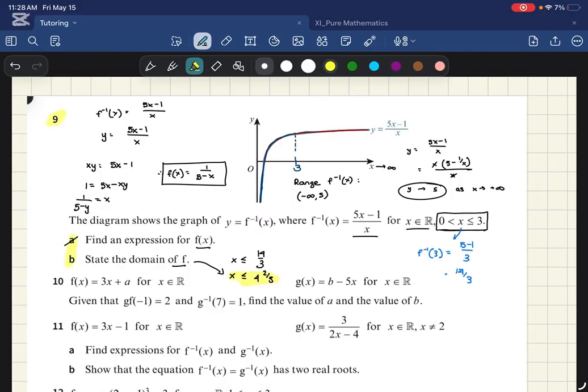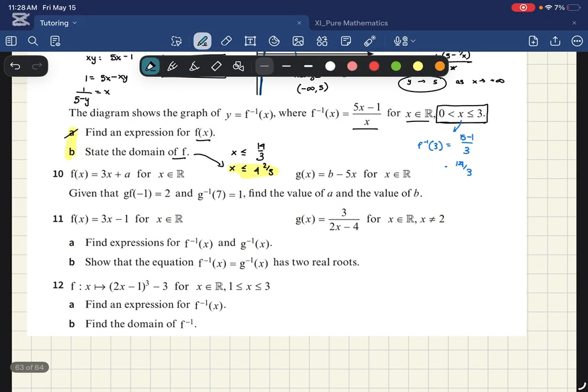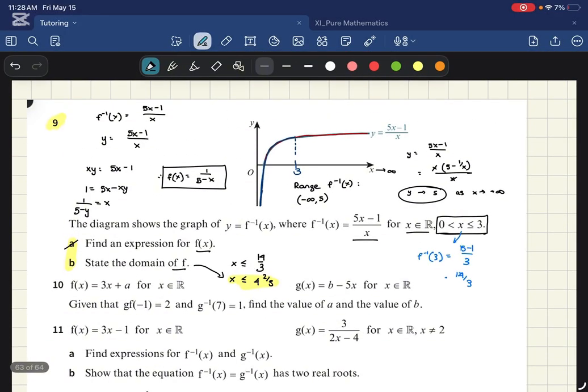All right. So we are done with question 9. Question 10, we have f of x is 3x plus a. So just to clarify, when we took into consideration the whole input values, from x bigger than 0 to x positive infinity, we figured out that the graph sort of flattens out as y tends to 5.